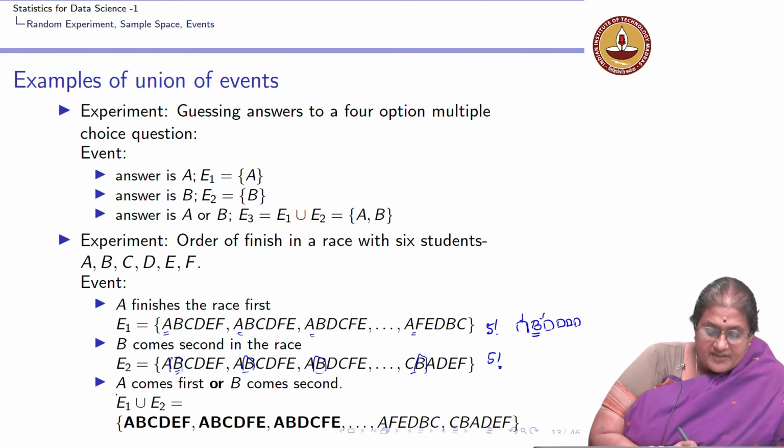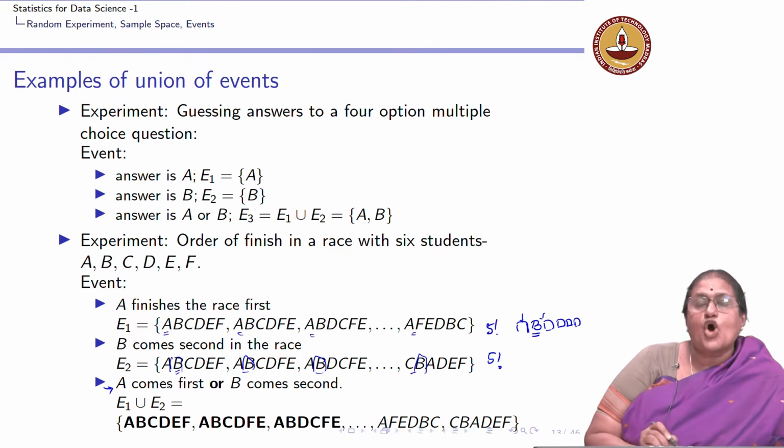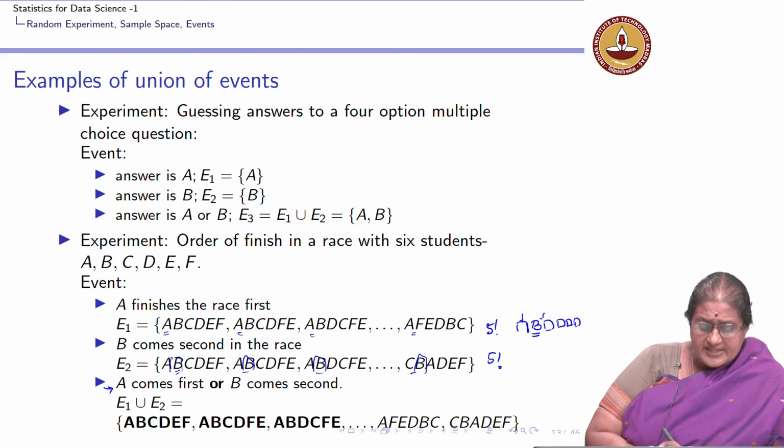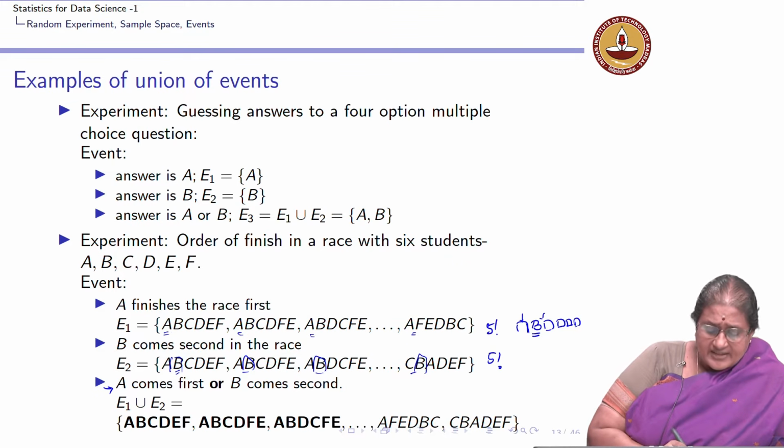So, the event E1 union E2 can be described as either A comes first or B comes second. You can see that this includes A, B, C, D, E, F, which is common to these two. A, B, C, D, F, E is common to these two.